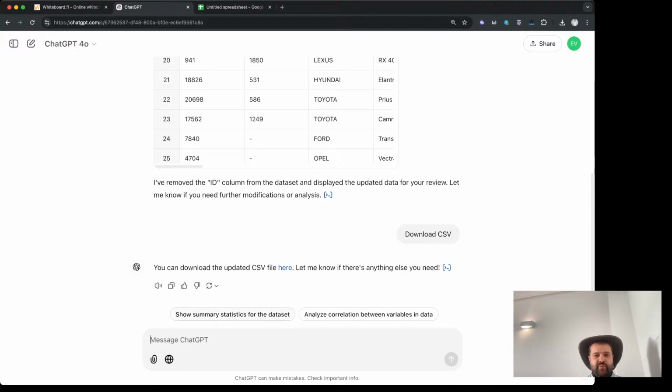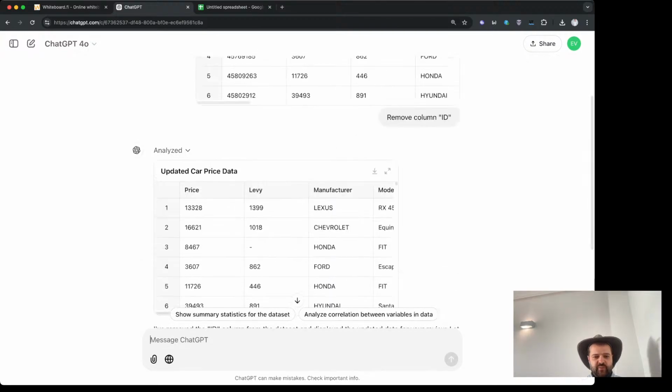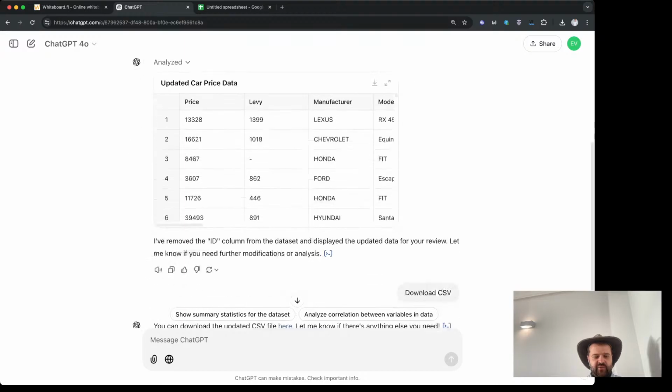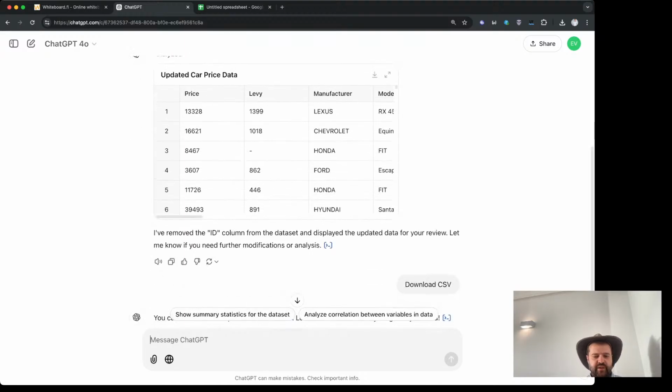So what I did previously with Excel, right, filling the missing values. So let's see. Let's write: fill cell values for column levy with average value of column levy.